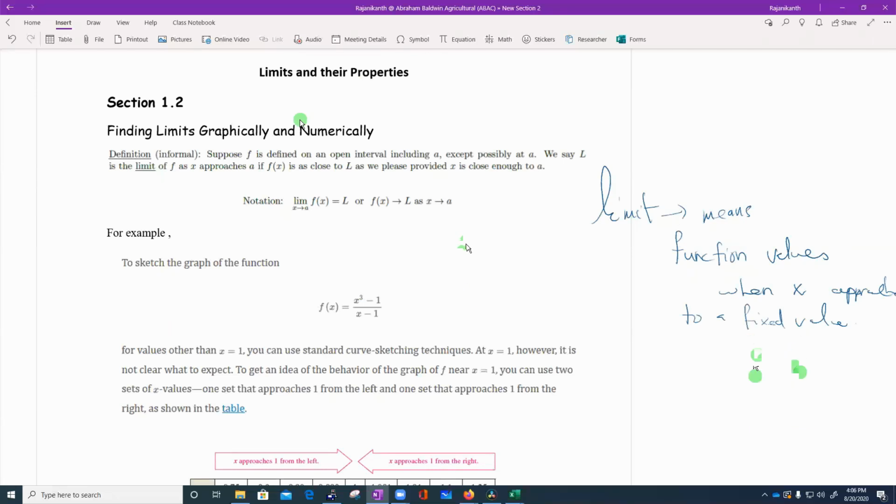In notation, we use this one. Suppose your function f with the variable x is given, defined in a particular interval.